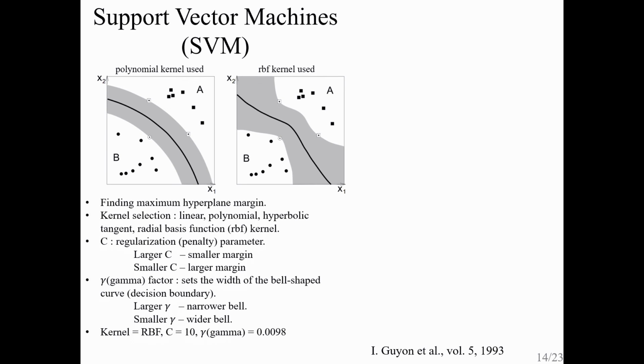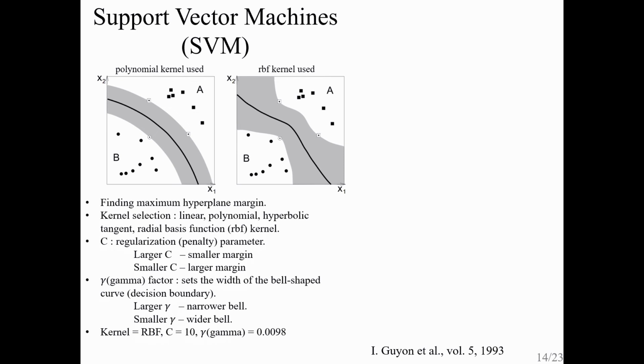So here are the important hyperparameters that we tune during the training, fast training, and getting better accuracy results. For example, C or regularization or penalty parameter is controlling a trade-off between misclassification term and decision boundary.